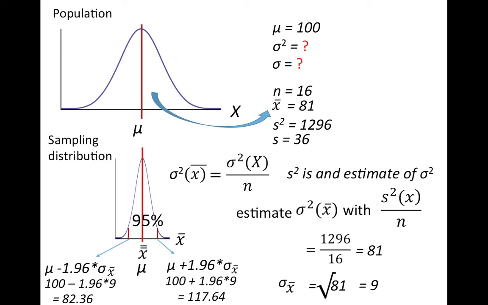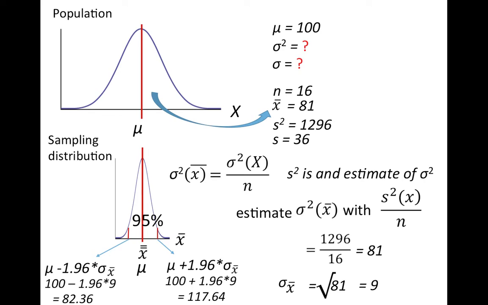However, we have a problem here. In the last example, when we did a theoretical sampling distribution, we knew the population variance, and therefore we knew what the variance of the sampling distribution was. In this example, we did not know the population variance, but we had to estimate it with a sample variance. And this means that we introduce an uncertainty.